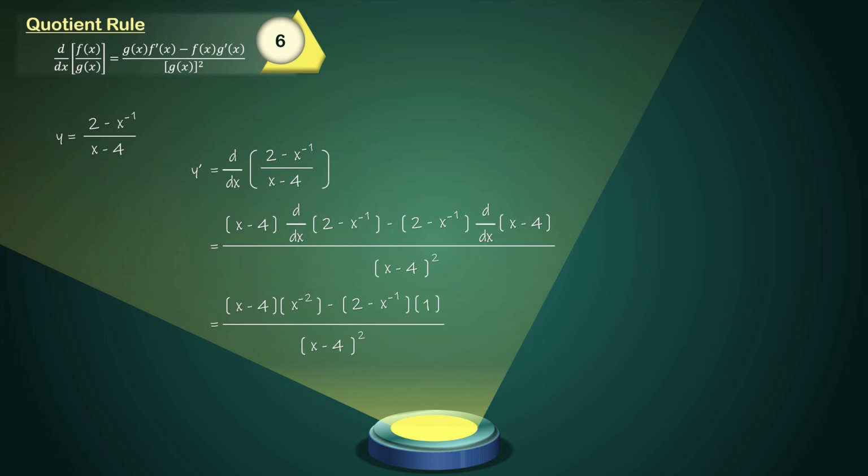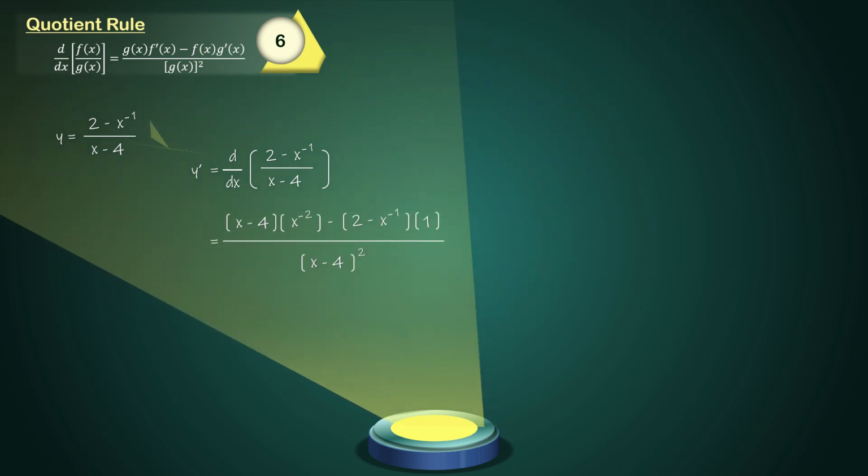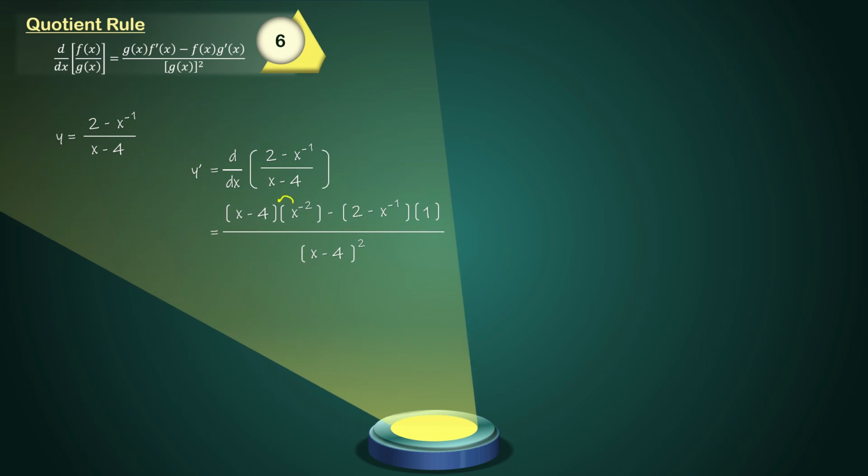In the numerator, distribute x raised to negative 2 to each term of x and 4, and it is equal to x raised to negative 2 times x is x raised to negative 1, and x raised to negative 2 times negative 4 is negative 4x raised to negative 2, minus the product of 2 minus x raised to negative 1 and 1 is 2 minus x raised to negative 1.